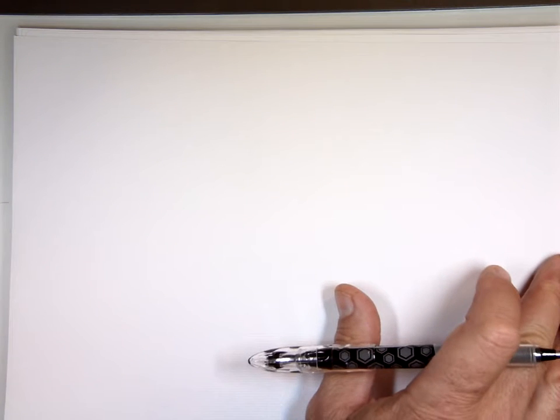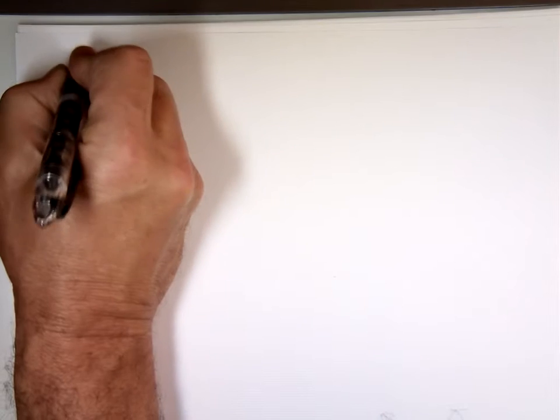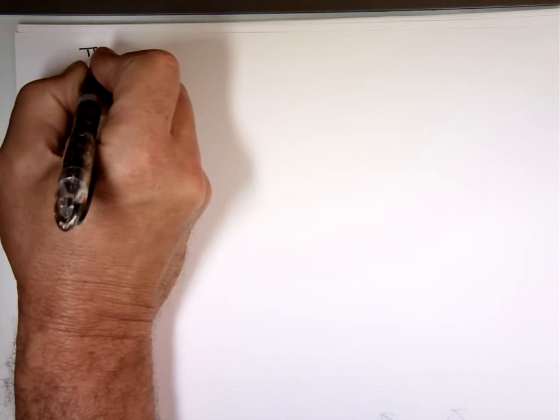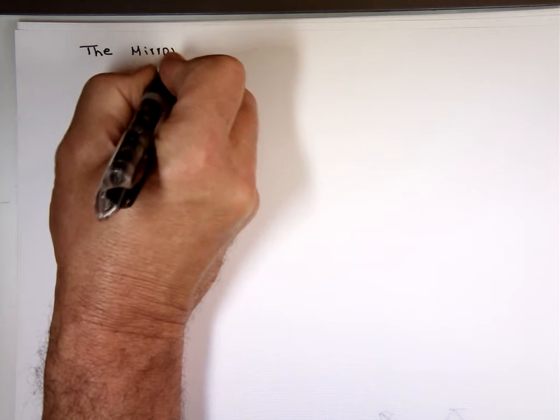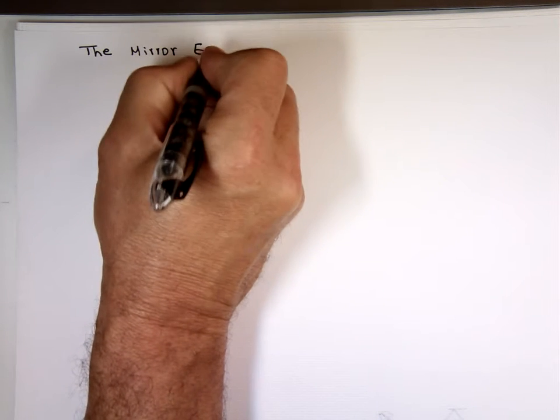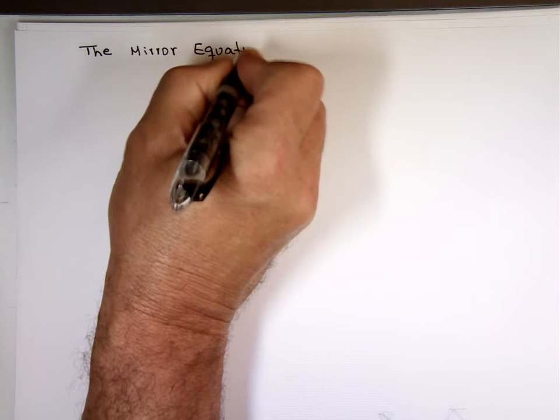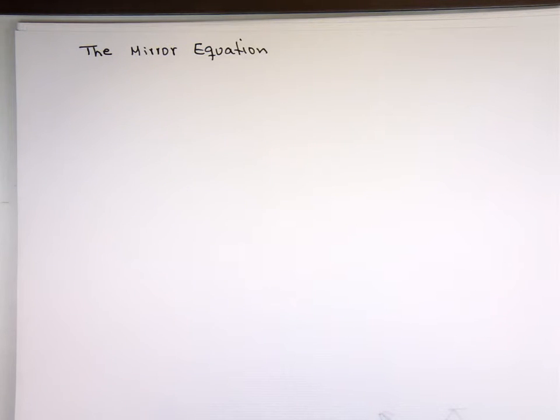How about the mirror equation? We have an equation we're going to be using, and we can go through the math and derive it, or I can just use it.